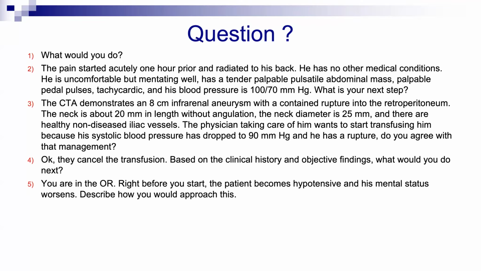I'll try to control him by putting in an aortic balloon. Okay. Describe how would you do that? I will drape the femoral area and access the femoral artery under ultrasound guidance.